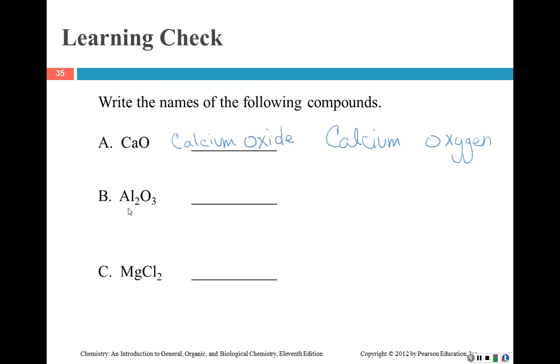Aluminum. This one's easy. Oxide. Notice it doesn't matter how many oxygens there are. It's still an ionic compound, and it's still just going to be oxide. Mg is magnesium.